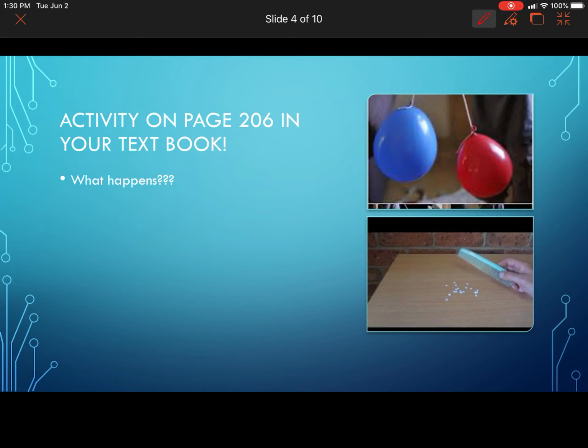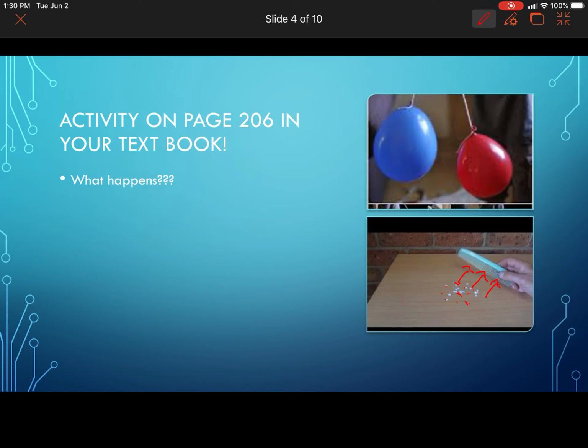Now, once you've done that, you're going to bring it close to a bunch of little pieces of paper. So just cut up a little bunch of pieces of paper and see what happens. Hopefully you have done that, and what ends up happening is these little pieces of paper are drawn to the comb and they're going to stick to the comb.